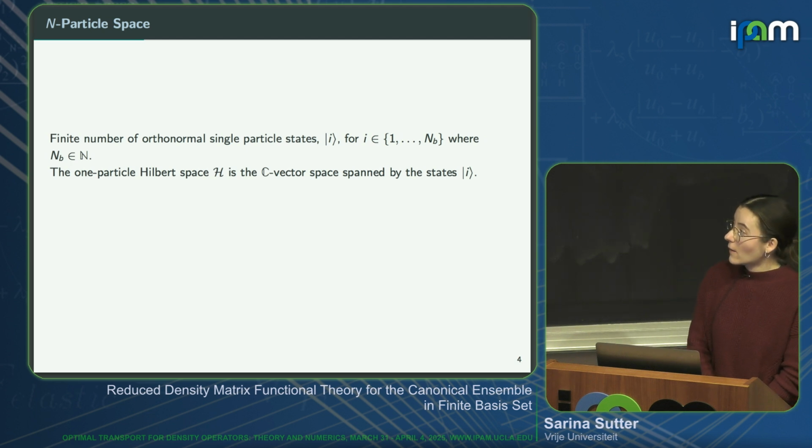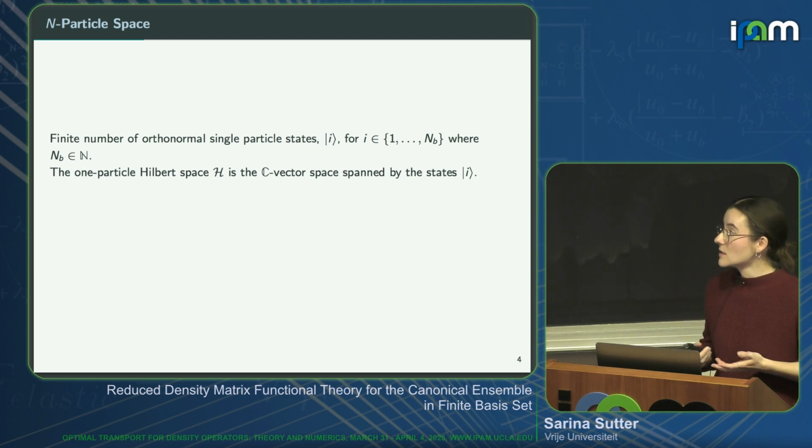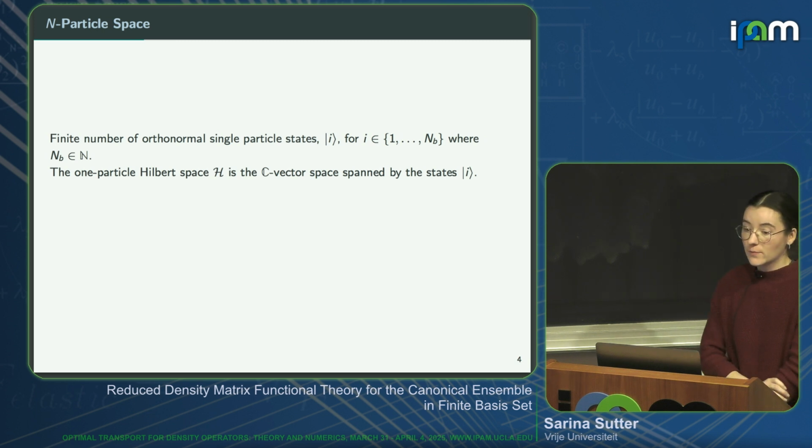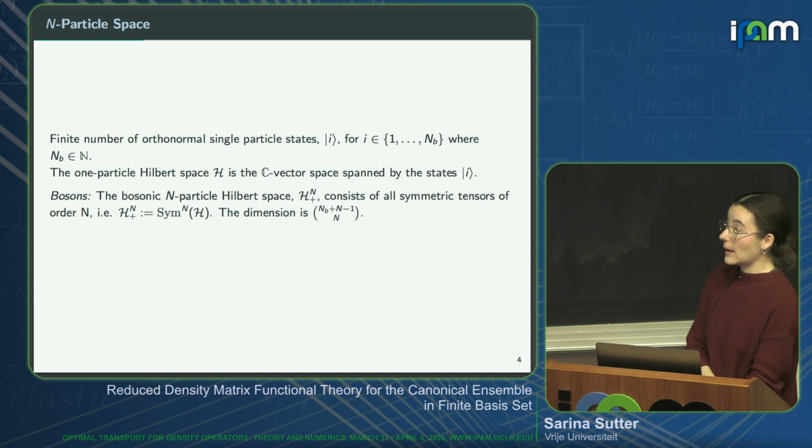Then we can construct the one-particle Hilbert space by taking the complex vector space spanned by these states. And from the one-particle Hilbert space, we can construct a bosonic n-particle Hilbert space by taking all the symmetric tensors of order n.